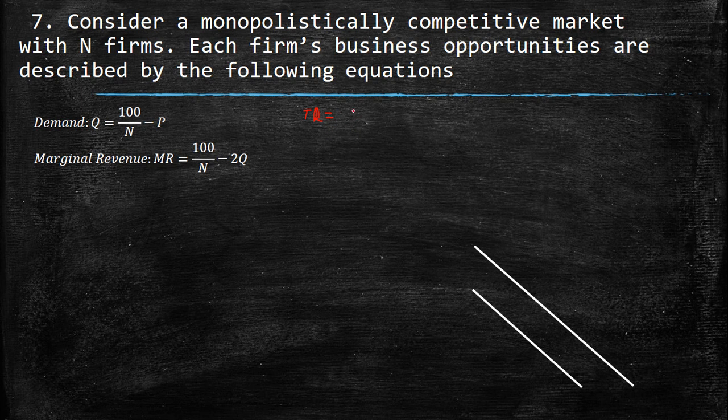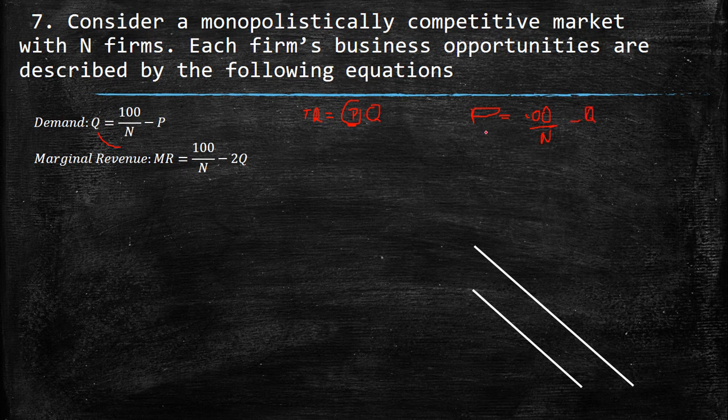So total revenue should be the price times Q, right? But because it should be in terms of Q, we need to change this price. So how can we do that? The price is equal to 100 over n minus Q, right?